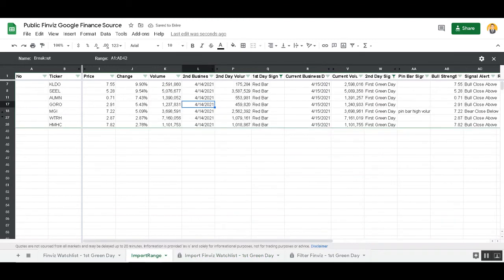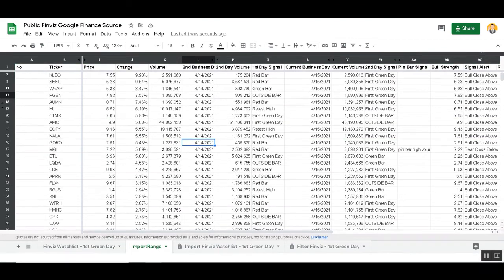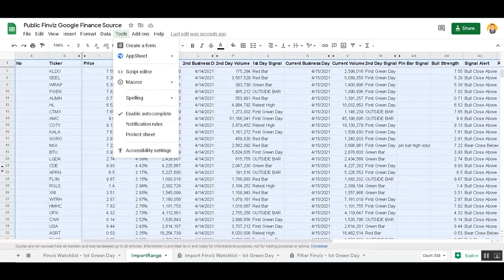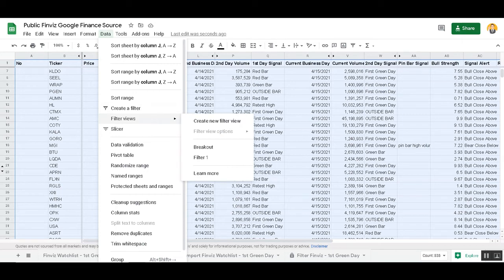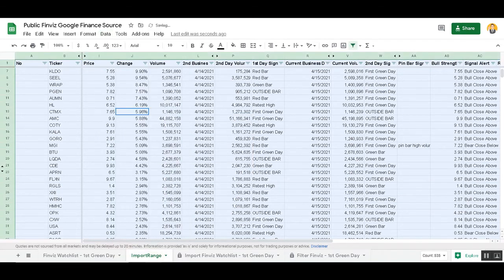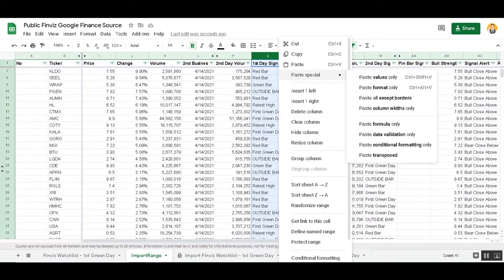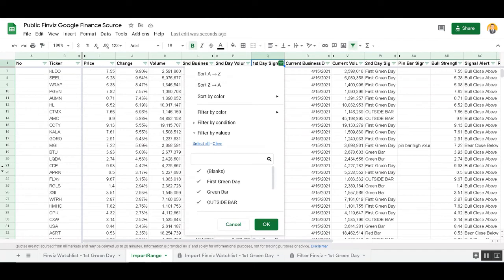Let's try this. Let's see, look for weakness like a pullback. So we create a filter for this. Pullback. Clue, first green day.